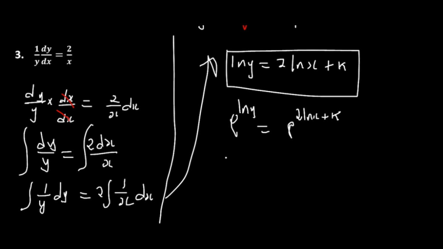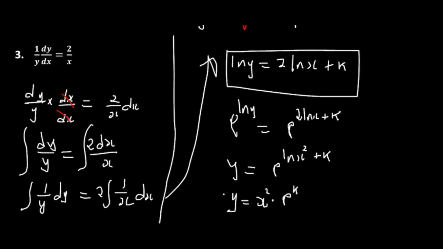So here we have our y, which equals e raised to the power ln of x squared plus k. So we are going to have y equals x squared times e raised to the power k.